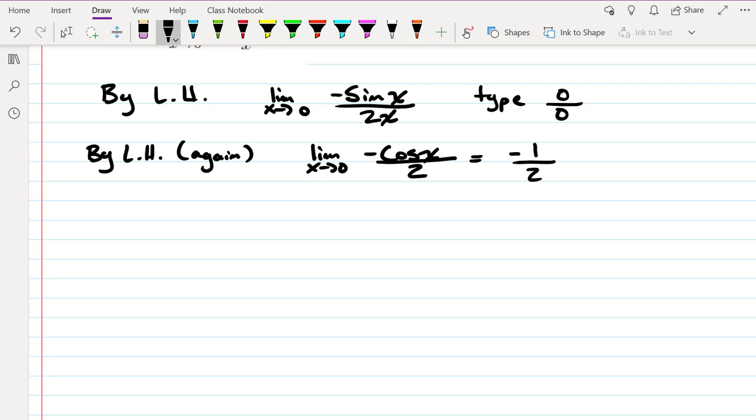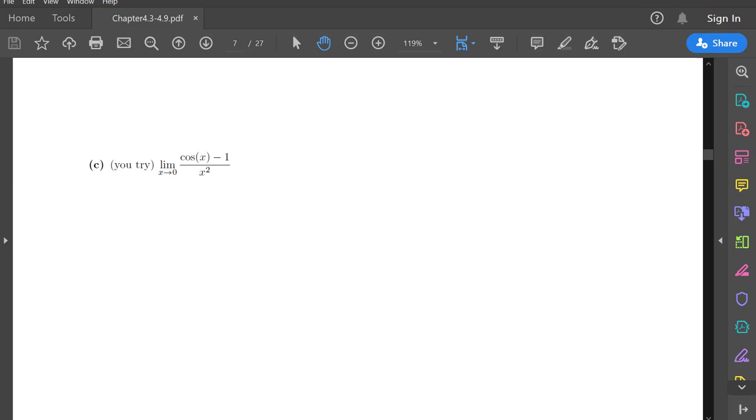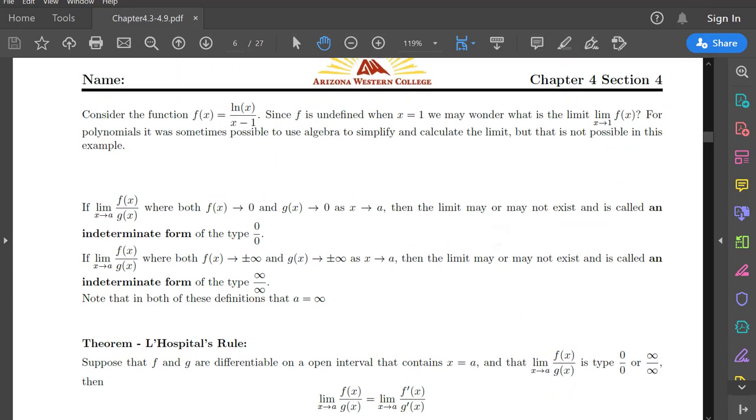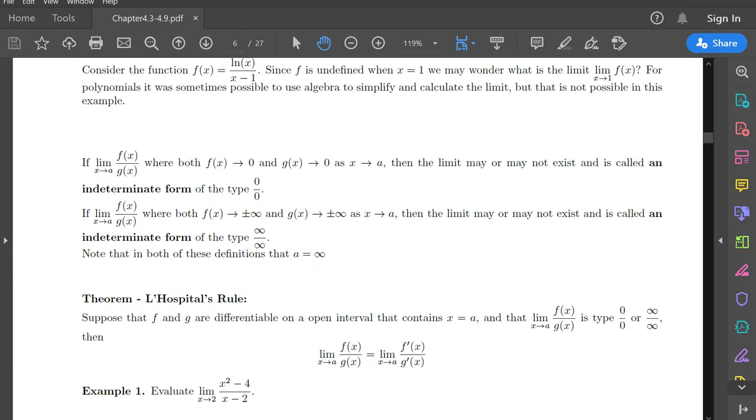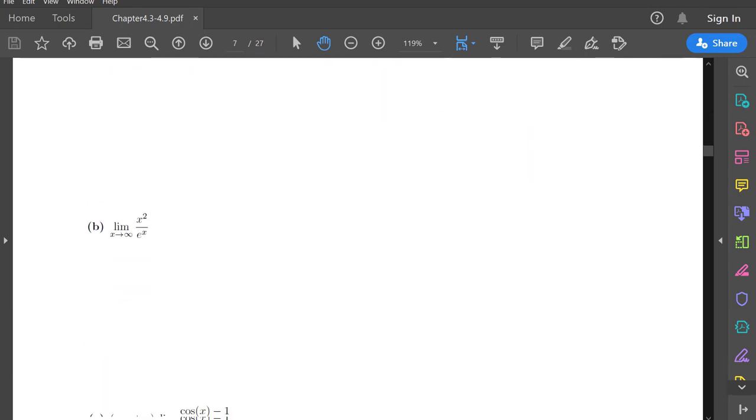All right. So just as a recap, in these examples we were talking about indeterminate forms of the type 0 over 0 or infinity over infinity. So now we want to introduce a new type of indeterminate form.